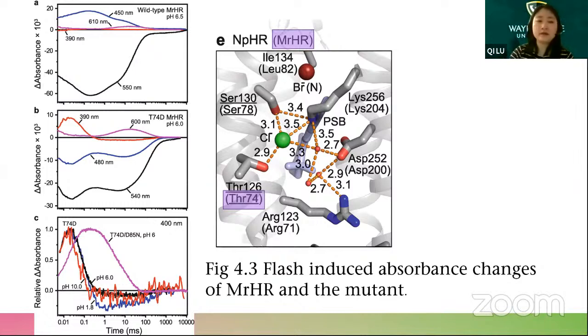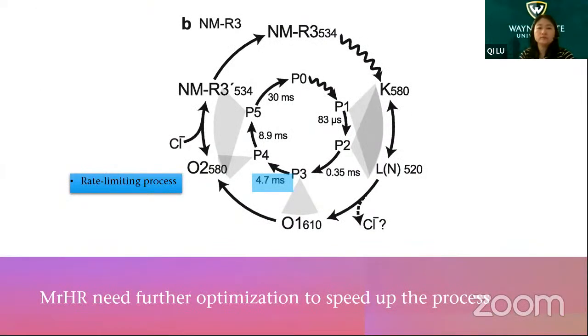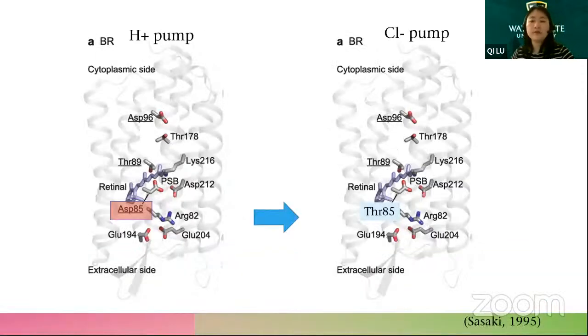This provides another solid evidence that this channel is more sensitive to and related to the concentration of protons. But this channel needs further optimization, because the change from the P3 state to the P4 state takes a very long time, 4.7 milliseconds, which is the rate limiting process in this channel's function.